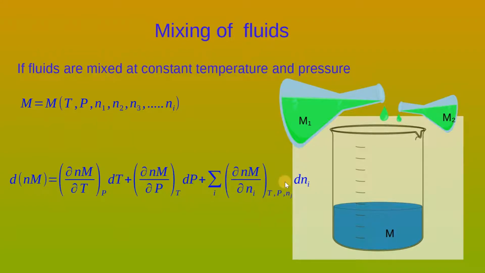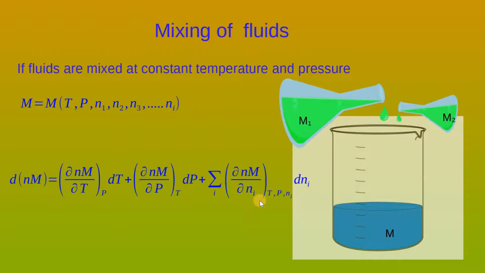If we open this summation, the first differential would look something like dou NM by dou N1 at T, P, Nj dN1, where Nj are N2, N3, N4 till Ni held constant. This differential means the change in property M with a small addition of N1.